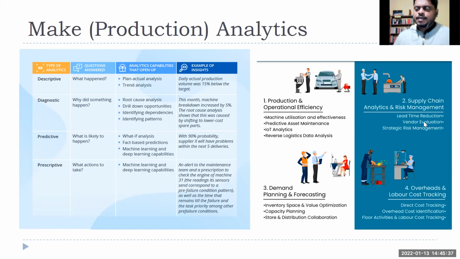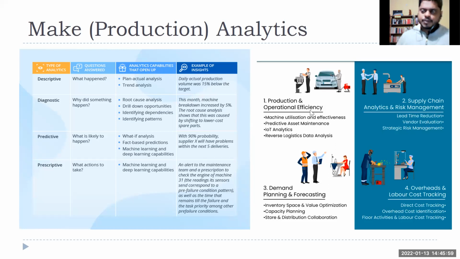So supply chain analytics and risk management, we discussed this in the last class, right? Sourcing analytics, vendor evaluation, strategic risk management, which is a part of your strategic sourcing. Find out which items are critical in nature, and accordingly take a step towards it. I have a risk management plan. Then there is production and operational efficiency.